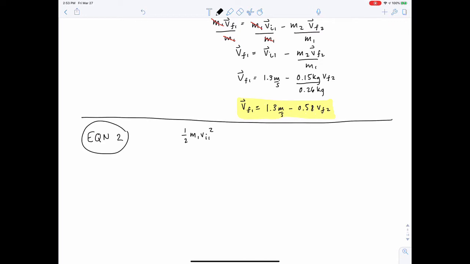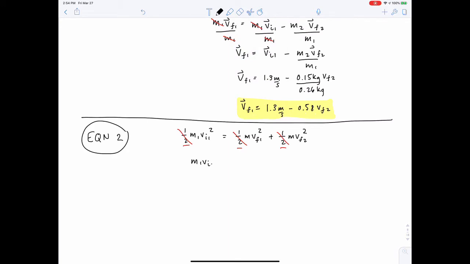And in the final conditions, this total kinetic energy will be equal to the final kinetic energy of mass number 1, 1 half M1 V final 1 squared, plus 1 half M2 V final 2 squared. In order to simplify this, I'm going to multiply both sides by 2. When we do so, we'll be able to get rid of the 1 half in each term on both sides of the equation.